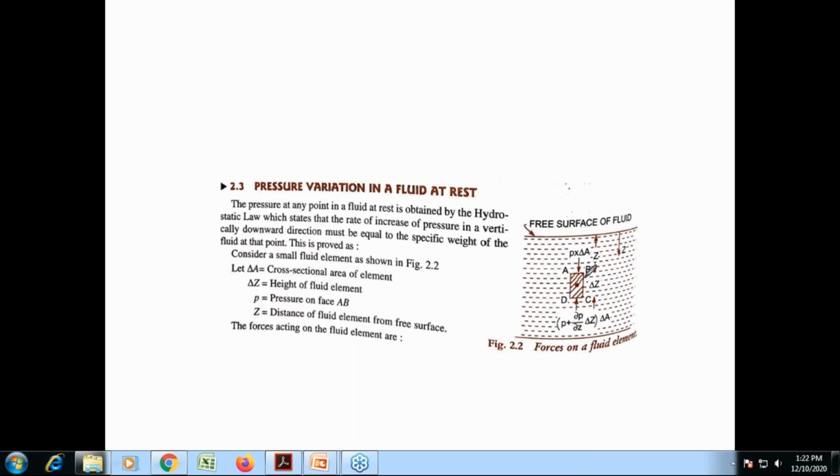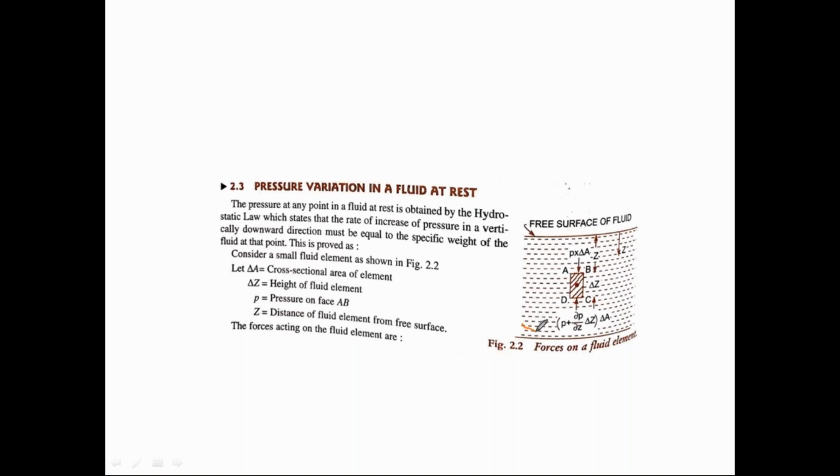Over the surface AB, the pressure force is P into delta A. Over DC, the pressure force is P plus del P by del Z into del Z, into delta A. Why has it been written like this? We are saying that the magnitude of the pressure force is not the same over these two surfaces.